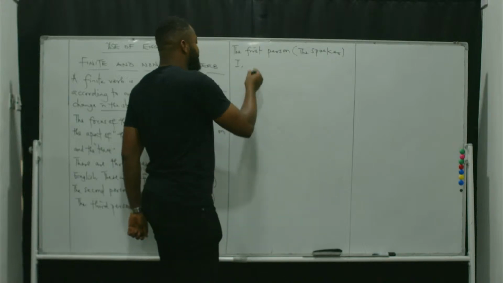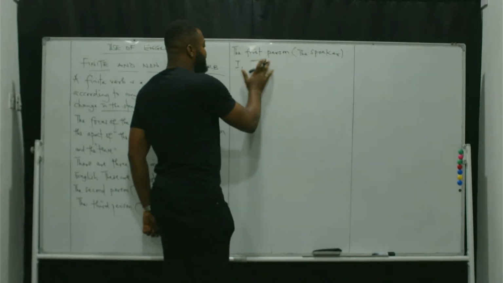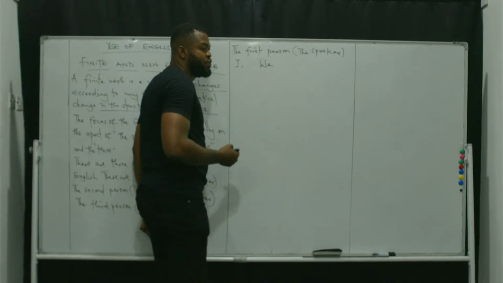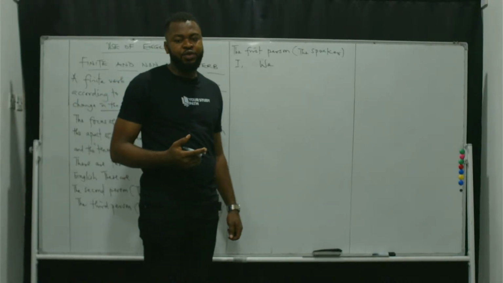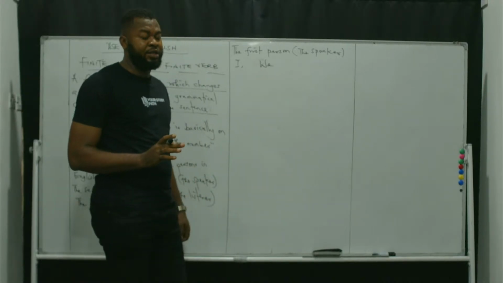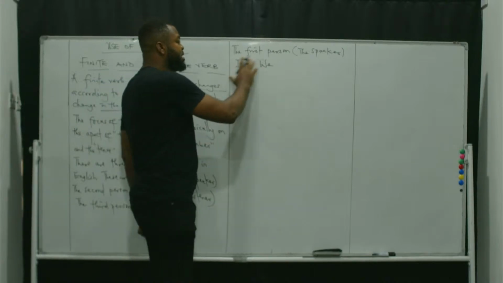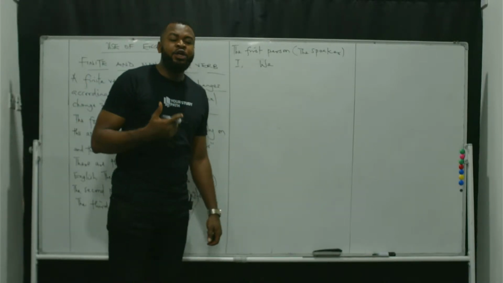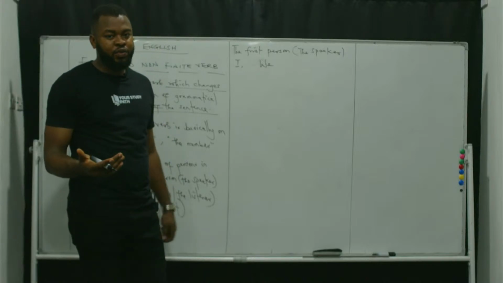You could also have it in the plural, we. In this case, you have more than one speaker. So this is basically a pronoun representing the first person. You can use I, you can as well use we to represent it.